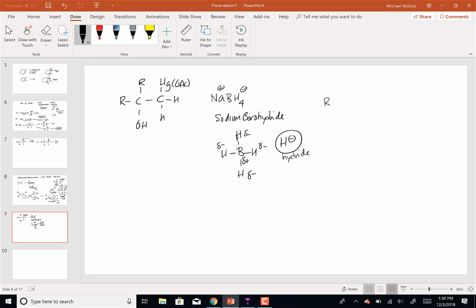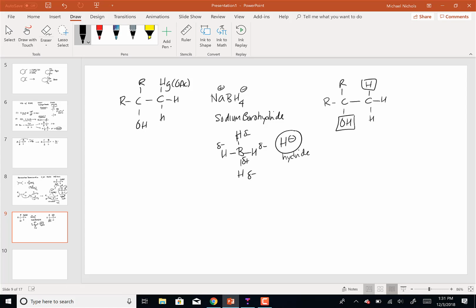So that means that the final product will have an H where the mercury was, so that the net result is I've added H and OH across the double bond. The H ends up on the carbon with the most hydrogens, which makes it Markovnikov. And the H and the OH added 100% trans because of the triangular intermediate of the mercury ion.